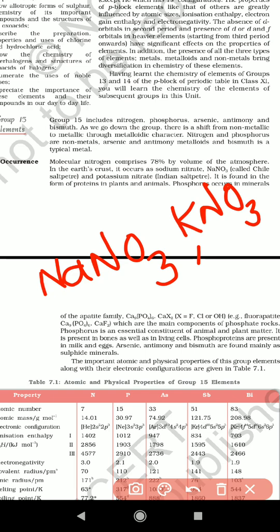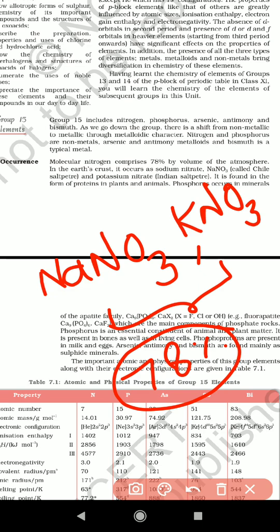Chile saltpeter and Indian saltpeter are the two compounds in which nitrogen is available in the earth's crust. The remaining nitrogen is found as 78% of the air itself.